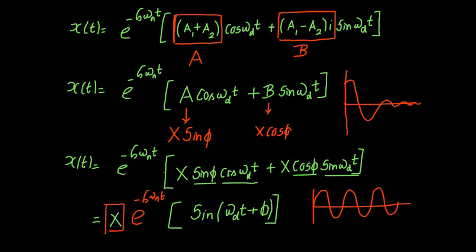Imagine the e power minus psi omega n t is not there: it's a perfect sine wave with an amplitude x. But if you hit it with an exponentially decaying term, it makes the sine wave exponentially decay. So that's the interpretation. Now, shall we do the analysis in MATLAB?